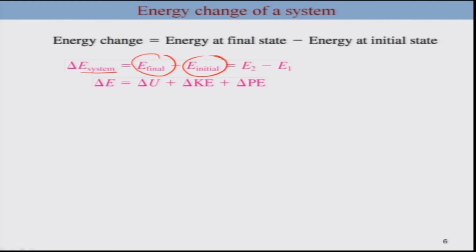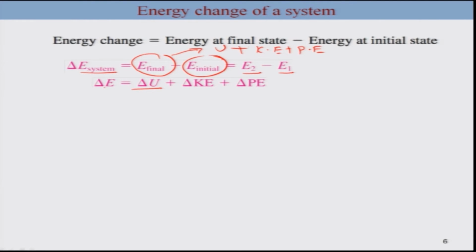But this consists of many components. It consists of internal energy, potential energy and kinetic energy, if magnetic and other components like surface tension components are absent. So E final minus E initial can be written as E2 minus E1.